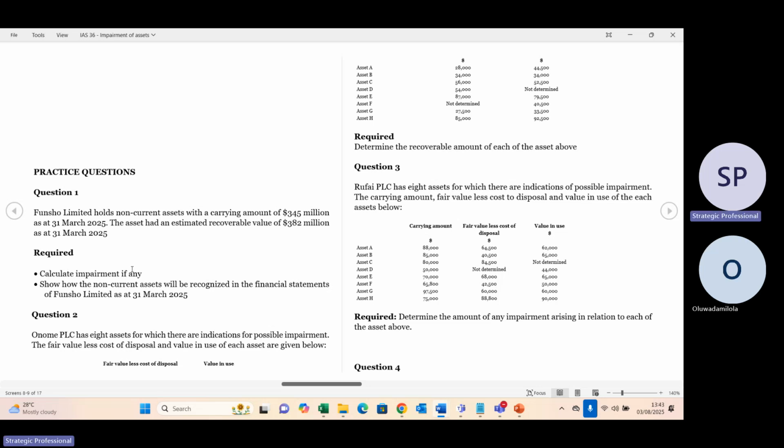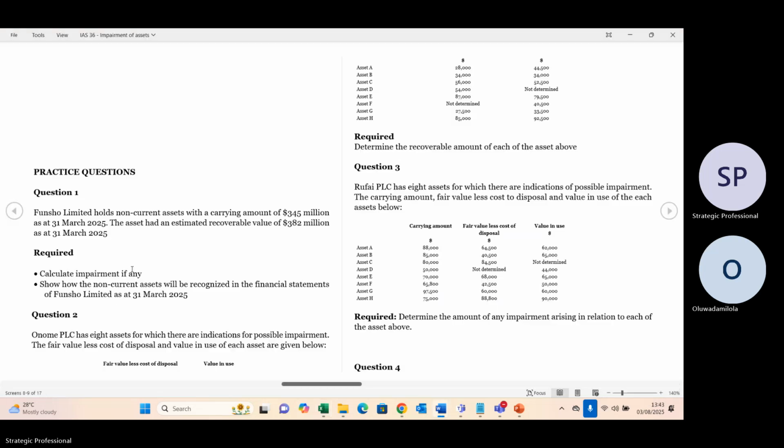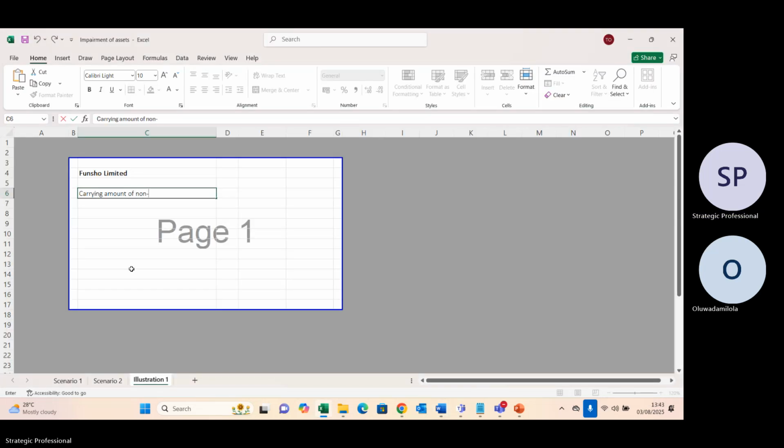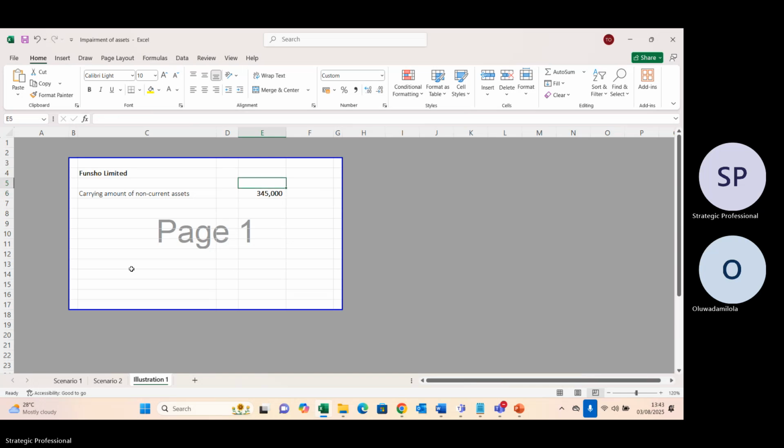So, in calculating our impairment, as I earlier said, the carrying amount of non-current assets will be 345 million. Then the recoverable amount is $382.